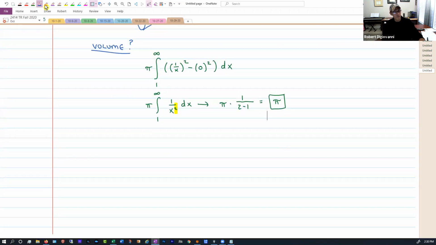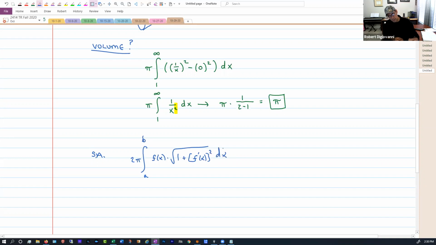Now, what about the surface area? So what's the surface area of this thing? Well, if we're going to do the surface area, we need to be able to do this integral: 2 pi integral from a to b of the function times the square root of 1 plus the function's derivative squared dx.